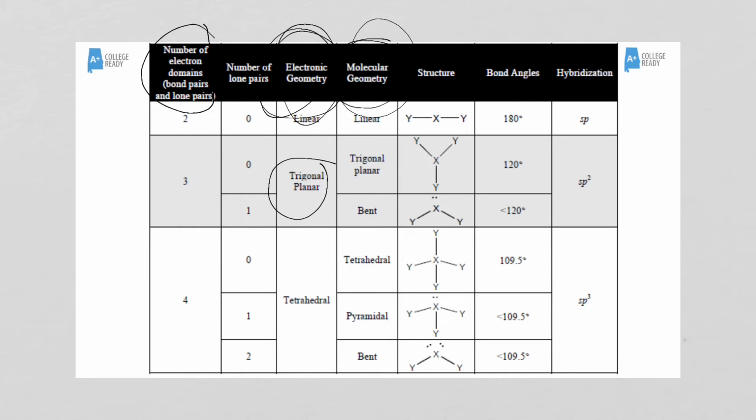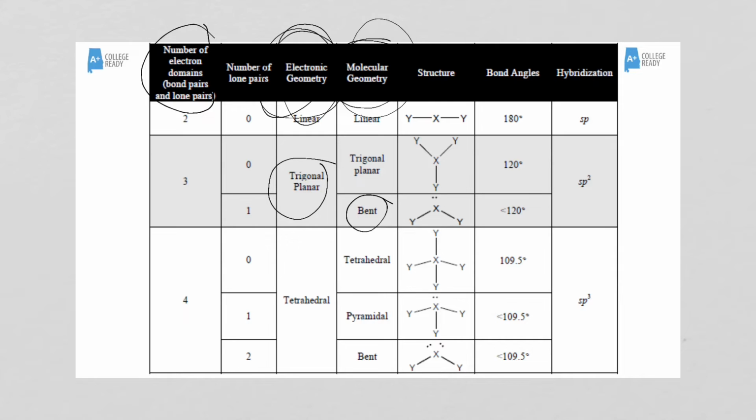If it's specifically trigonal planar, then those are all three bonding pairs of electrons. But this bent is also considered generically trigonal planar electron domain because it still has three areas. It's just two are in bonding areas and one is a lone pair. But again, that's still three regions around the central atom.